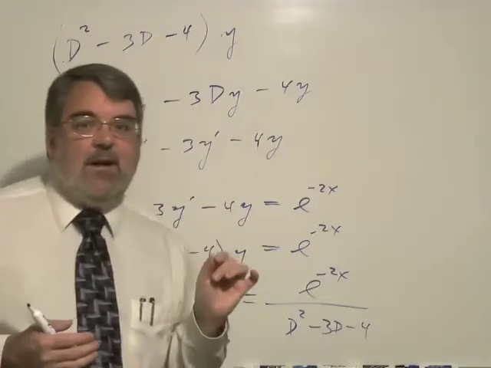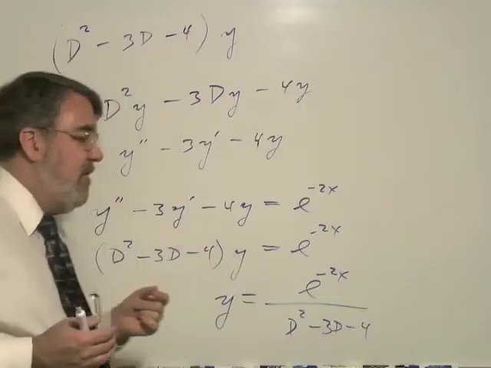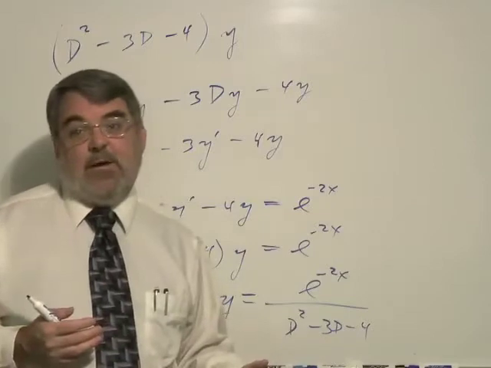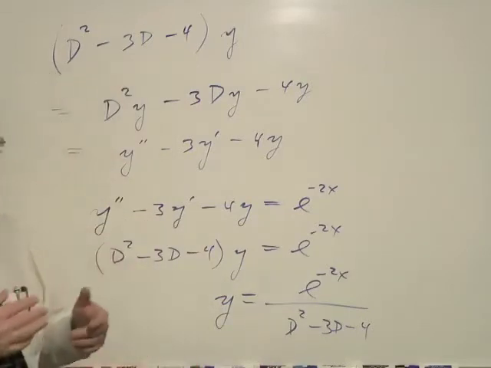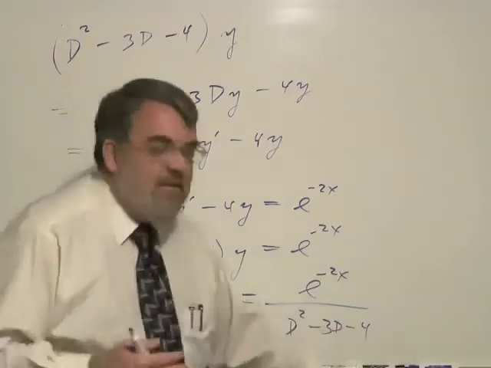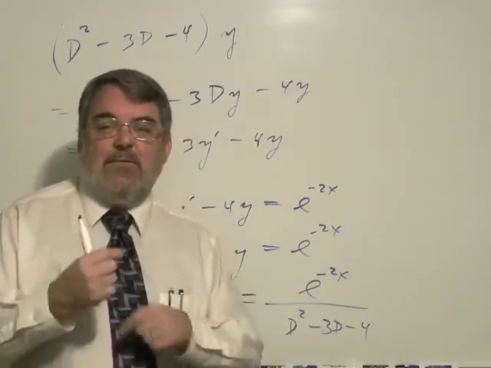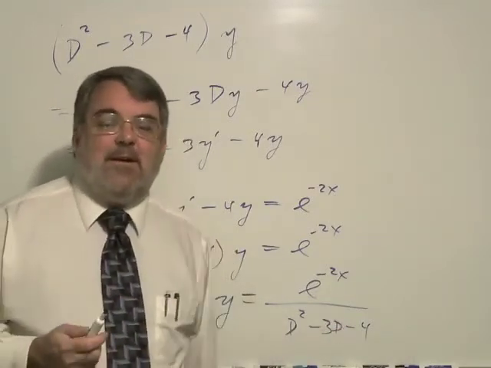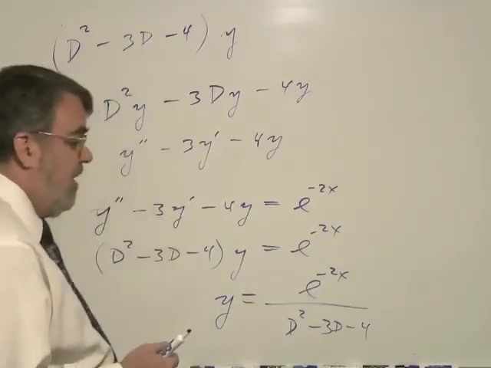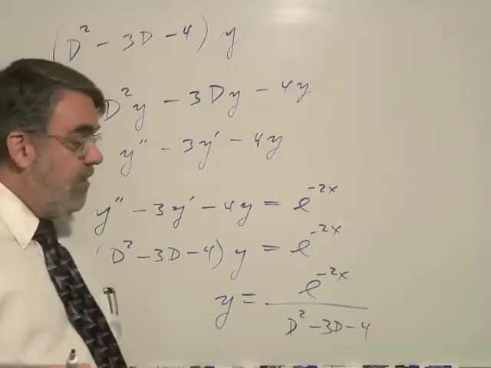However, we can attach a very useful interpretation to this and consider it as an inverse operator, and I'm going to get into that very soon. If we interpret division as an inverse operator, then this starts to make sense, and we can start to work with it.